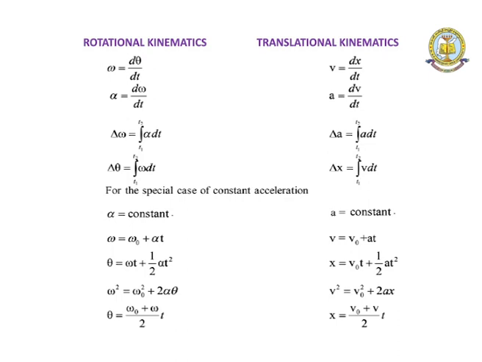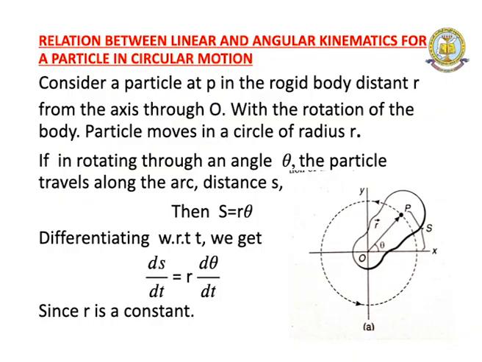This is compared to, so equally here we have the symbols omega, theta, and alpha, and here v, x, and a, these are the translatory kinematics. And next is the relation between the linear and angular kinematics for a particle in a circular motion.